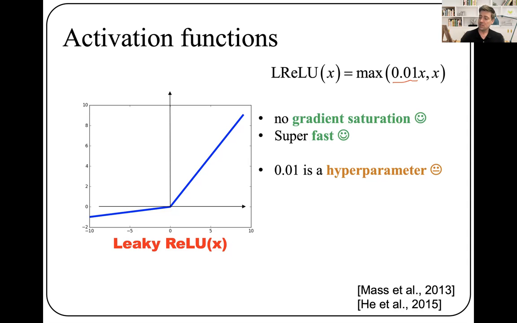Well, it basically means that if x is positive, remember, x is the input, then you're going to have exactly the same as the ReLU function. So you're going to have a line with a slope of 1. But if x is negative, instead of having a flat line or a constant value of 0, you're going to have another linear function, but this time with a much, much smaller slope.